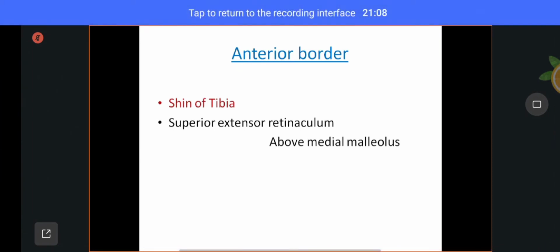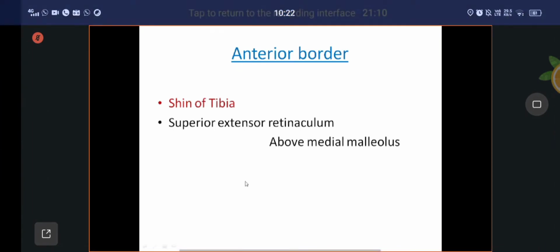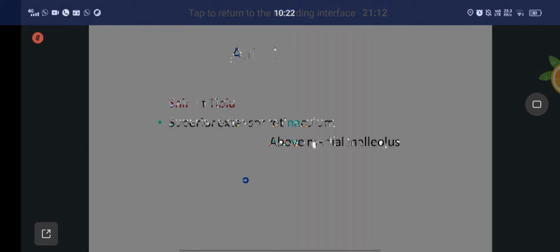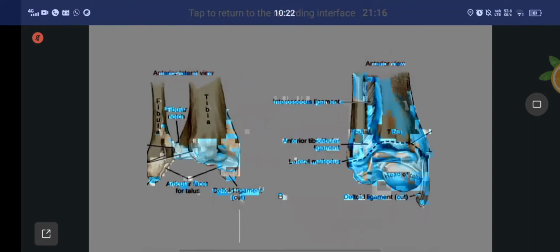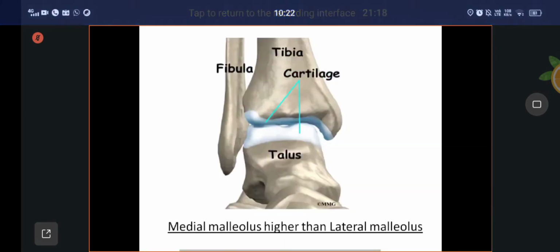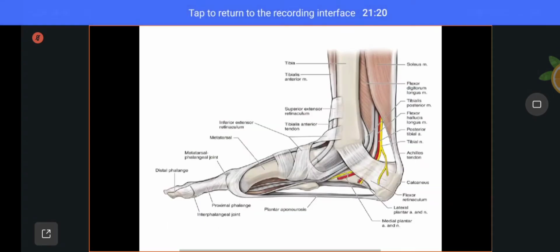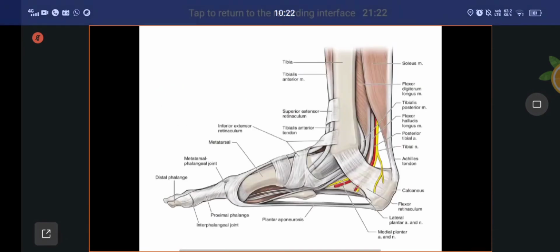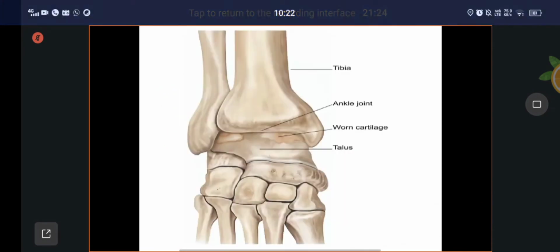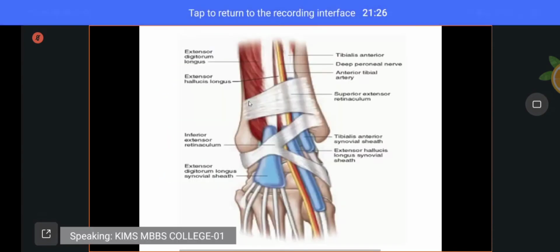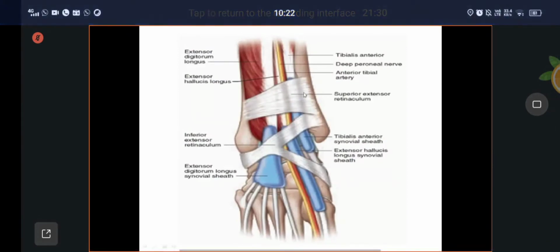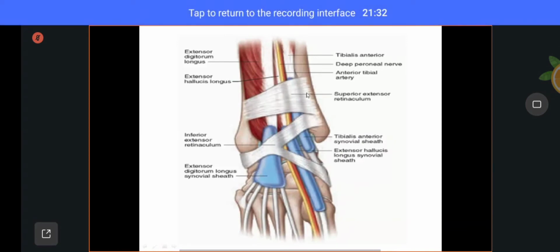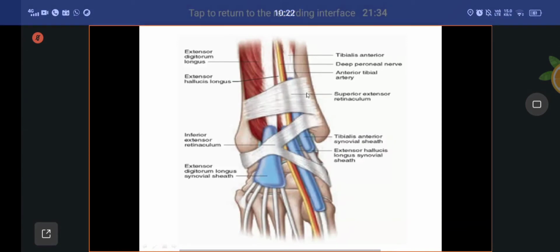The superior extensor retinaculum is above the medial malleolus. The medial malleolus gives attachment to the inferior extensor retinaculum. I am telling you, this is the superior extensor retinaculum.